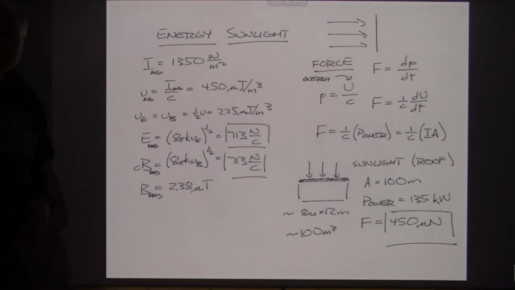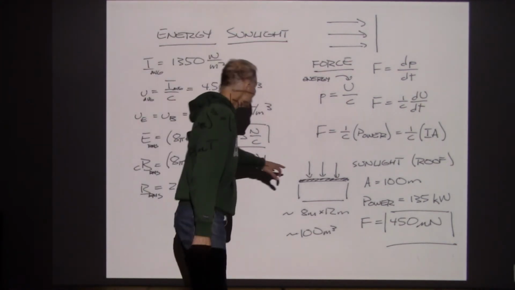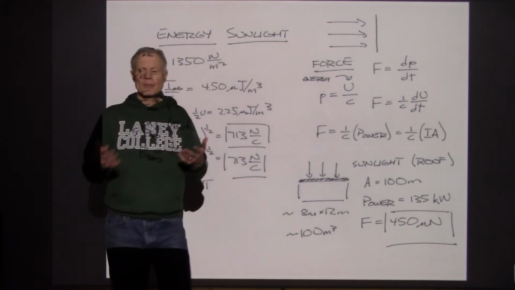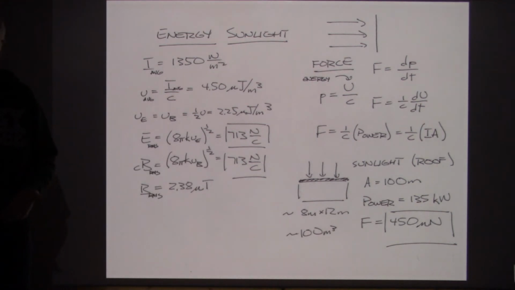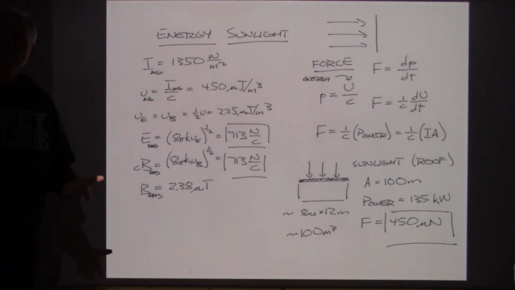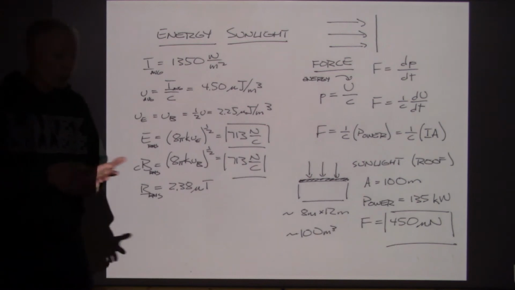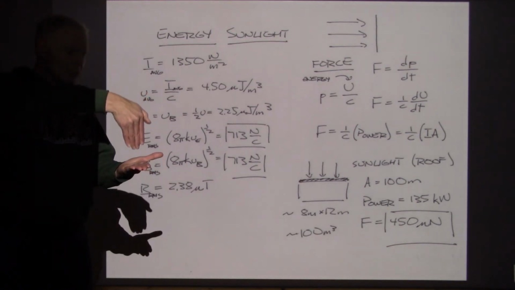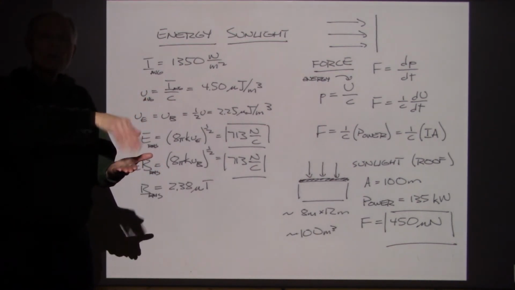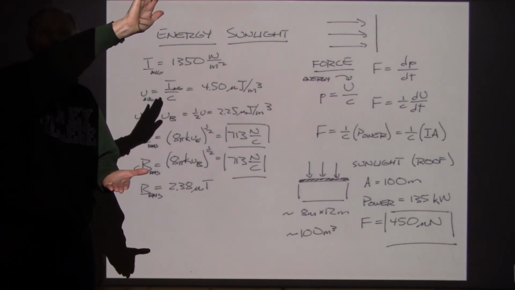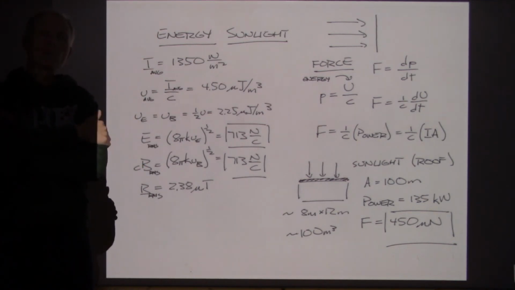Now let me go back here and ask another question. What if instead the roof were perfectly reflecting? Because if it were perfectly reflecting, then we would have the light coming in transferring all of its momentum, but by bouncing off the roof, that would double the momentum transfer.